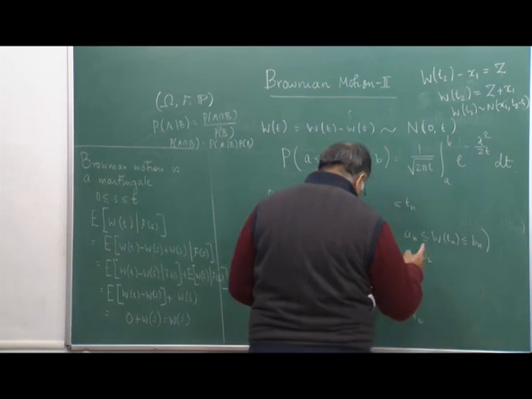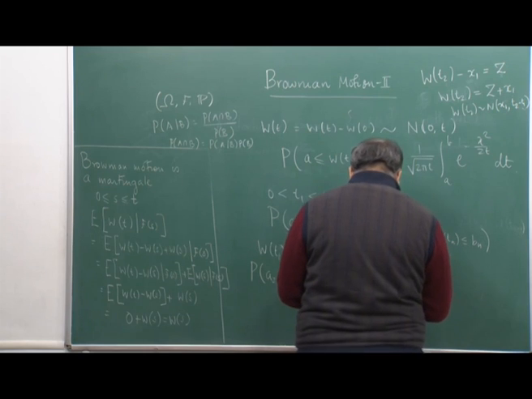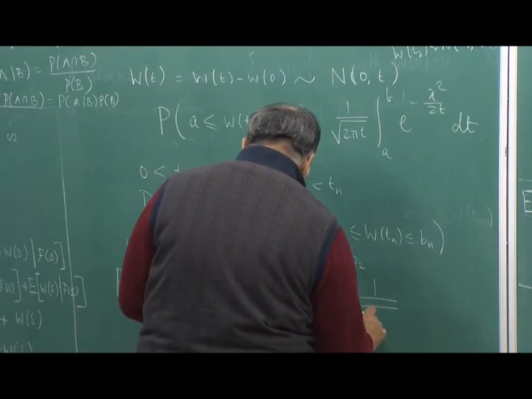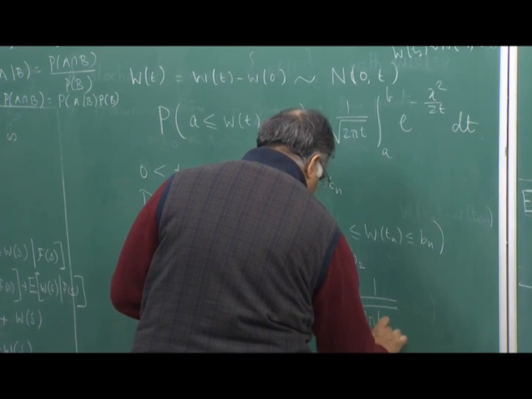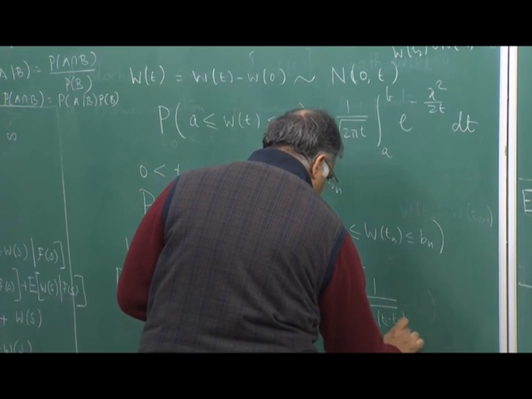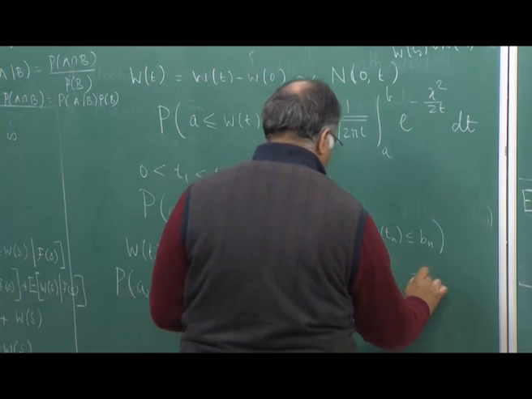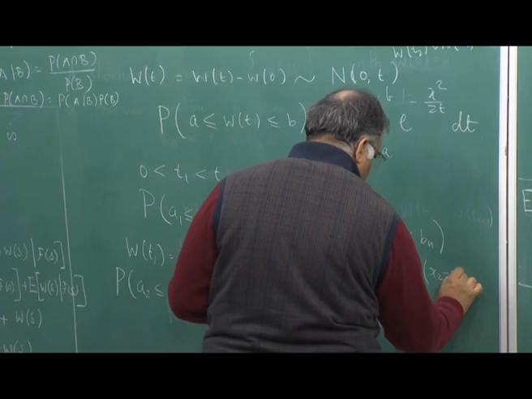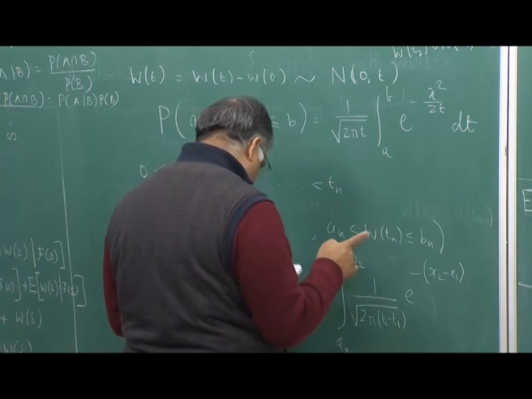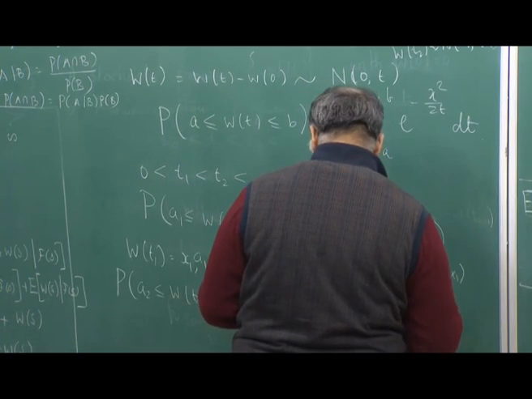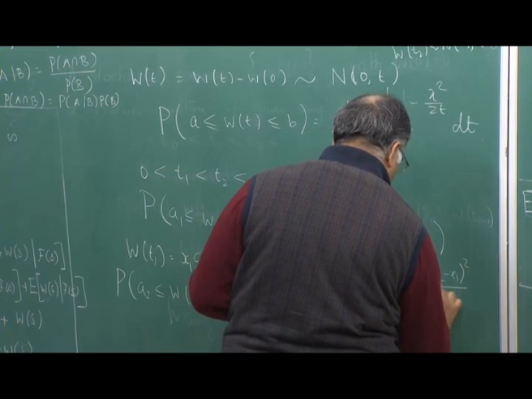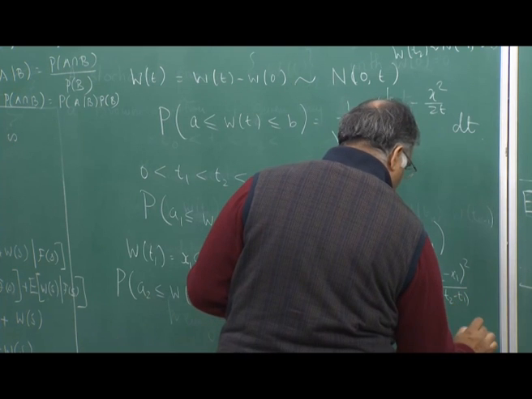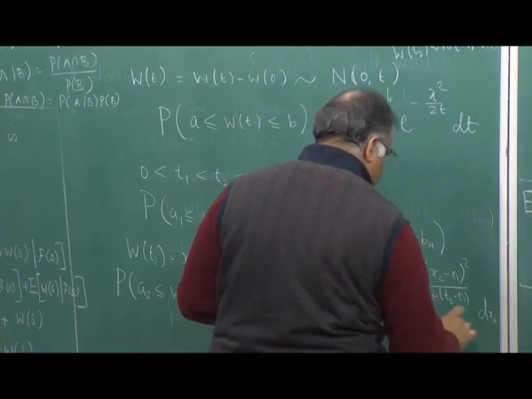So this conditional probability is 1 by... x2 is the variable that I am using for the variable x2, x1 is the mean, dx2.